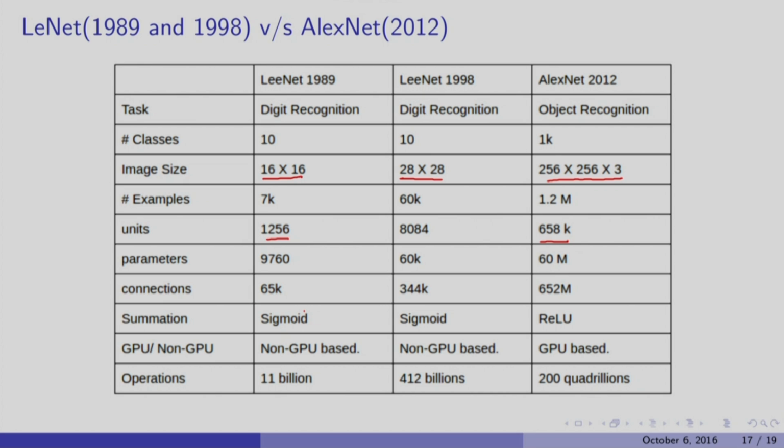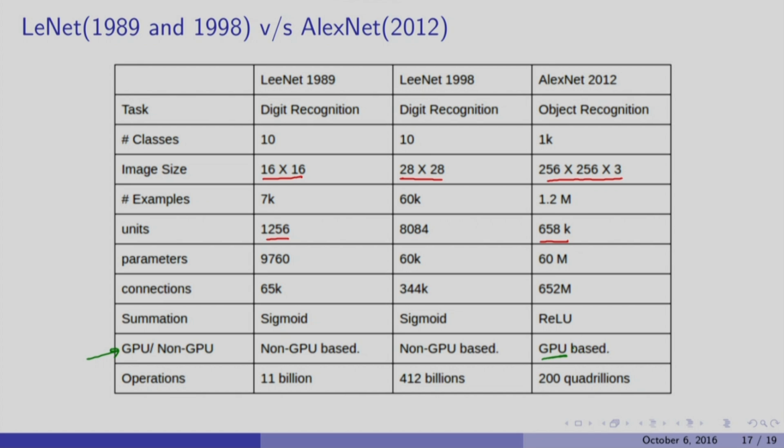The number of connections and the number of parameters have all changed, and in fact the activation units have also changed over time. One of the primary reasons for being able to do so well has been the use of advanced computing infrastructure, and one of them is the GPU, the graphical processing unit. One can see the number of operations that these modern networks are capable of handling because of GPUs.